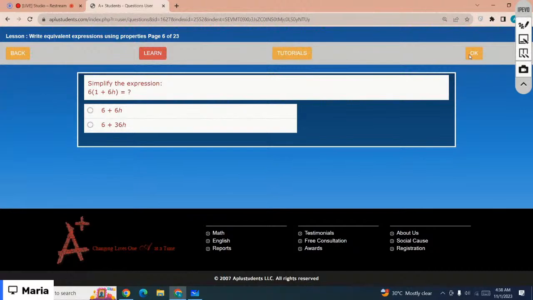The correct option is 6 plus 36h. Option number B is the correct option. Very good.